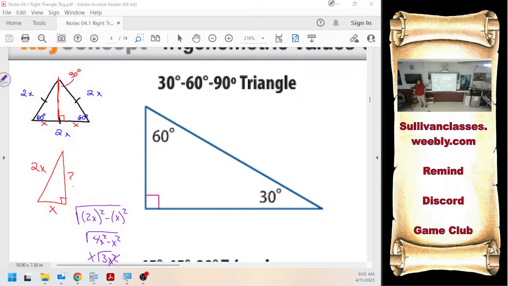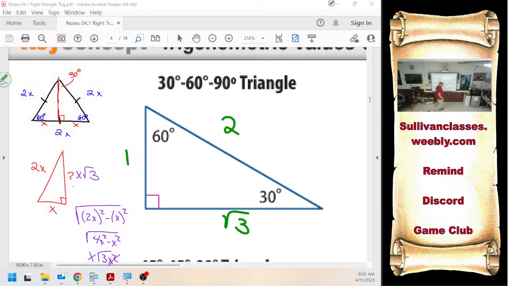Square the entire side, 2 squared is 4. Which gets you your ratios of 1, 2, square root of 3.